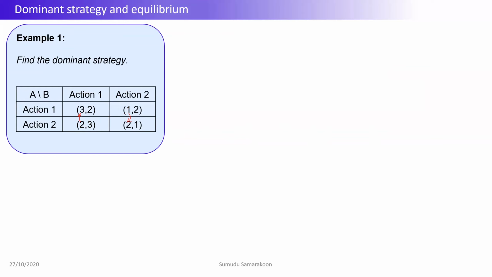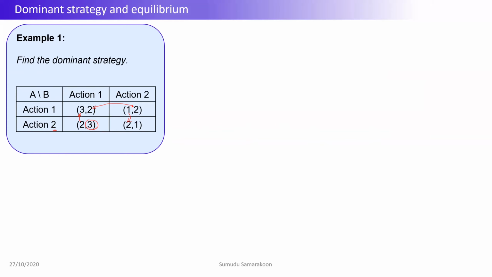When A plays action 1, B can either decide to pick action 1 or action 2. So basically, these two actions are weakly dominating one another. But now if we think about action 2, when A plays action 2, it is clear that playing action 1 is beneficial, right?